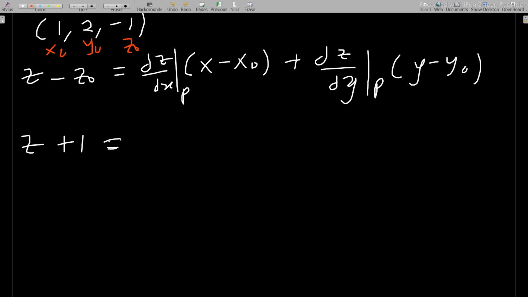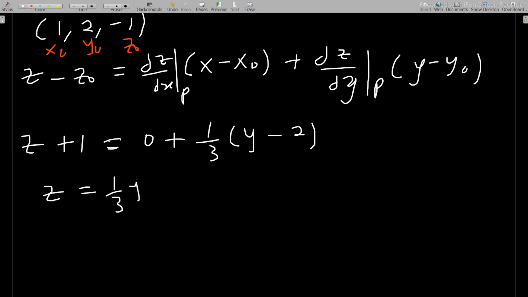So we have 0 plus this one to give us 1 over 3, then y minus y naught, which is 2. So in simplifying, we have z being equal to 1 over 3 y minus 2 over 3 minus 1, which will give us minus 5 over 3.